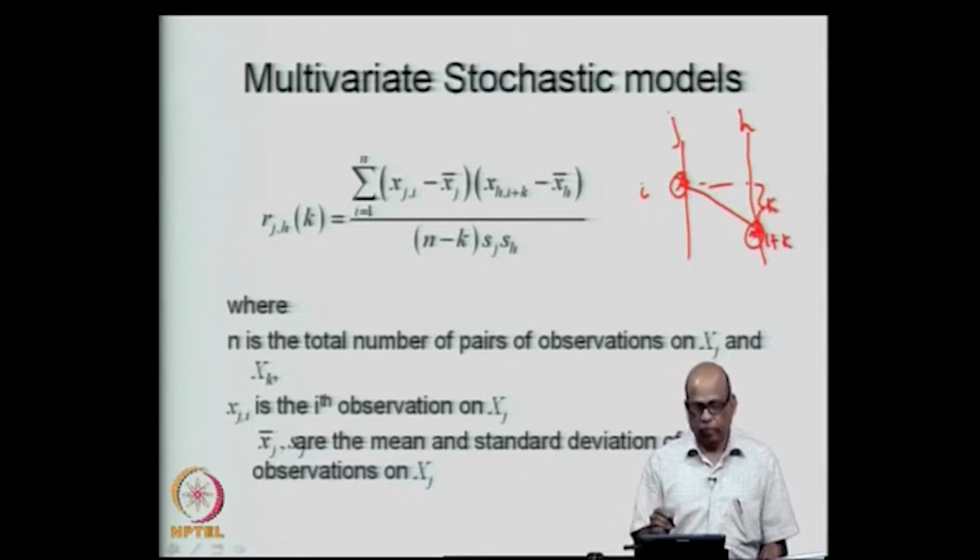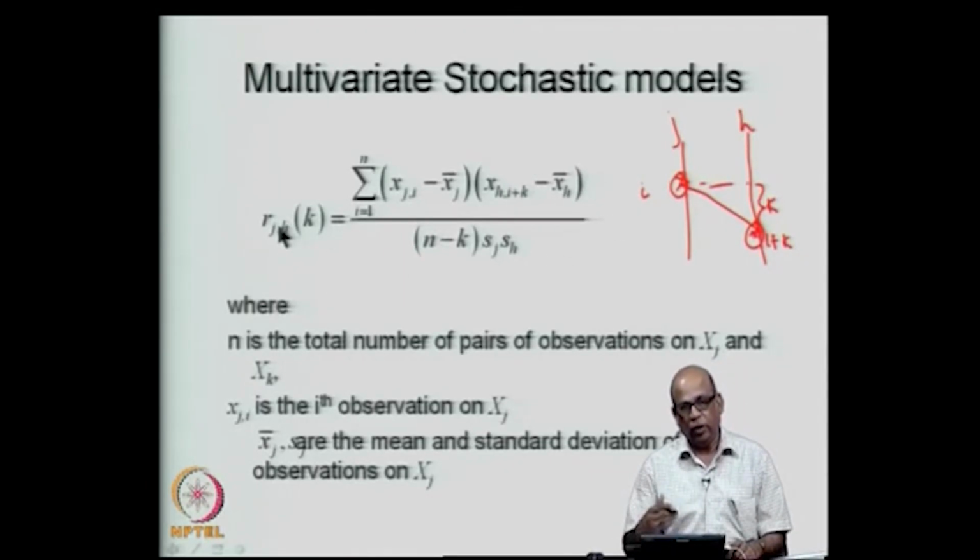On the site h, you lag it by k time steps and then deduct the mean of flows in h. This is divided by the standard deviation of the flows at site j and the standard deviation of flows at site h, and because we are using lag k, this becomes n minus k. Please also refer to our earlier discussions on the autocorrelations, where we do the lagging, that is, lag k autocorrelations. It is much similar to that, except that we are now talking about cross correlations at those lags. So, this is how we compute the lag k cross correlations.